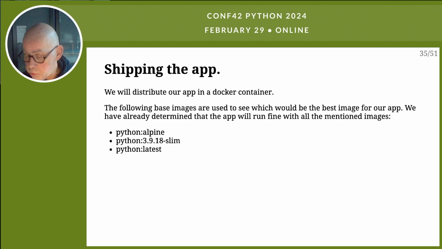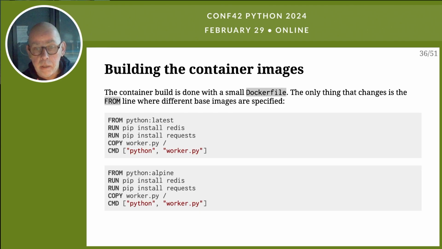But in order to be on the safe side, we've also tested two other images. One is the Python alpine image based on Alpine, and the 3918 slim image is based on Ubuntu. Let's see what the differences are. The build process is always the same.